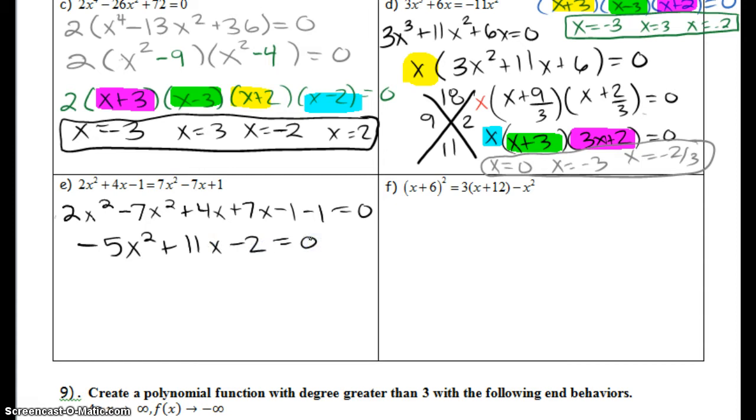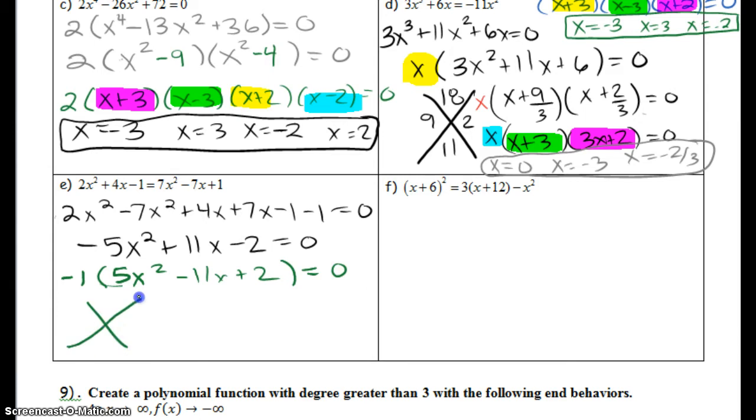So much easier to factor when we do not have that negative out front. So there's no GCF other than I'm going to pull out a negative 1. So I'm going to make that 5x squared minus 11x plus 2 is equal to 0. And then negative 1 is never going to equal 0, so it's not going to screw me up there, but it's just easier to factor this way.